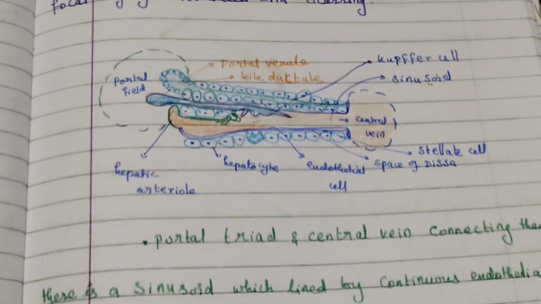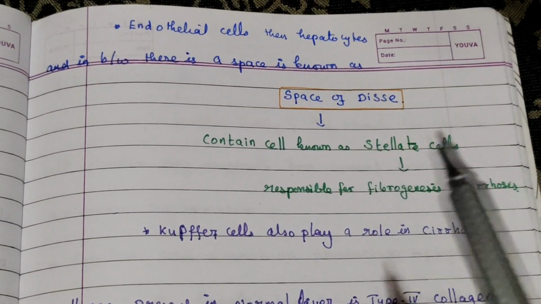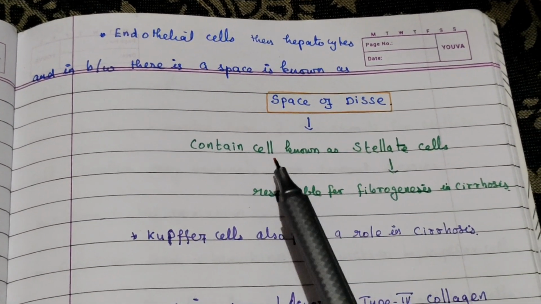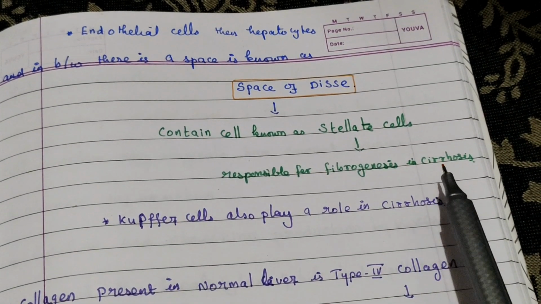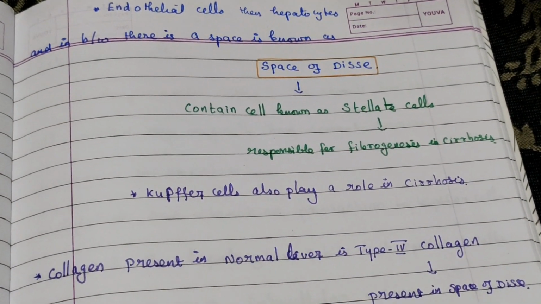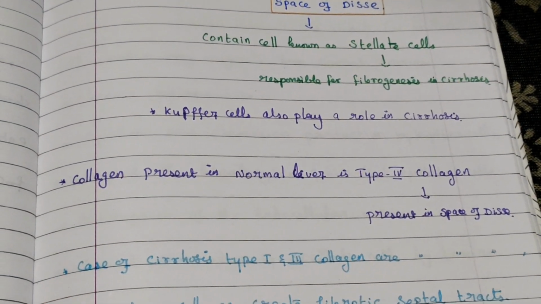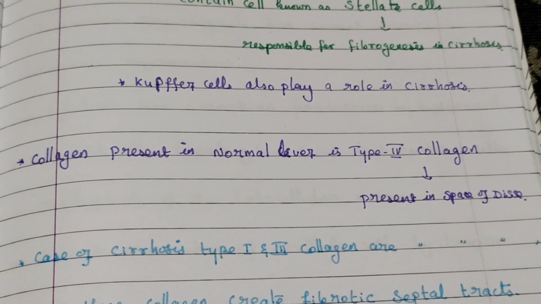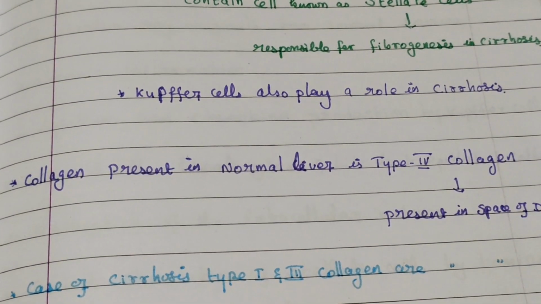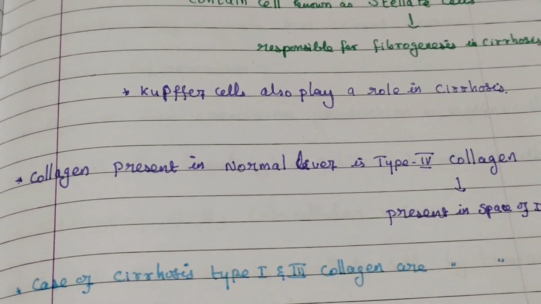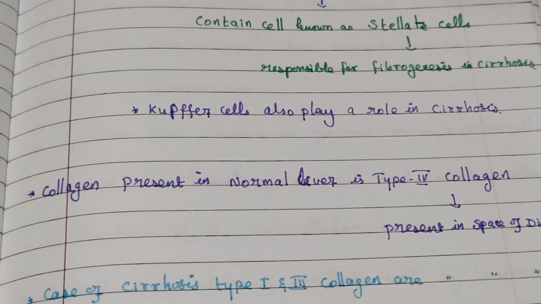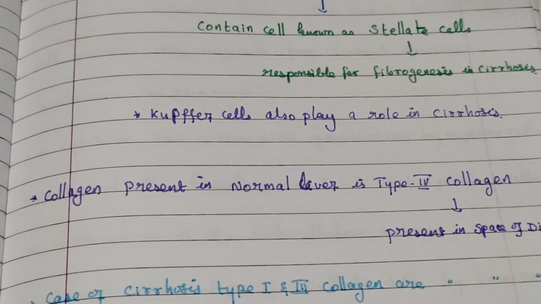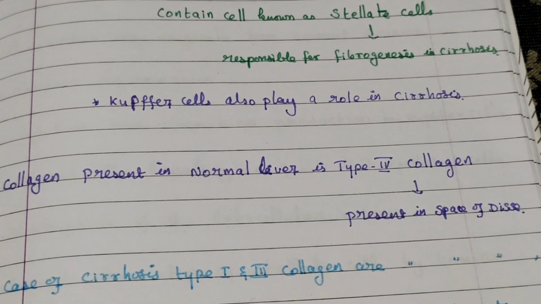Now going to pathogenesis. The space of Disse containing the stellate cell is responsible for cirrhosis. Kupffer cells also play a role. Firstly, the type of collagen present in a normal liver is type 4 collagen in the space of Disse.